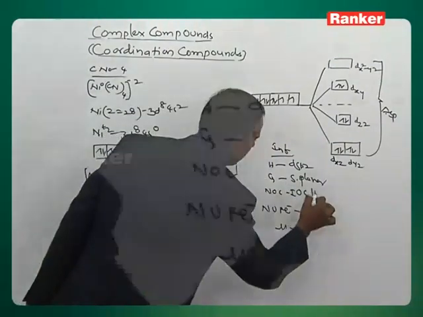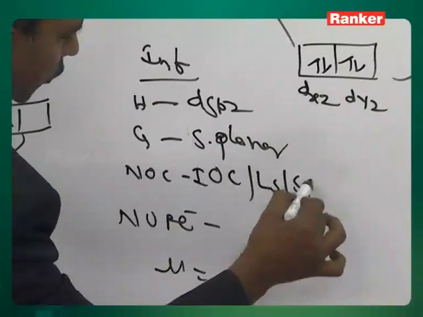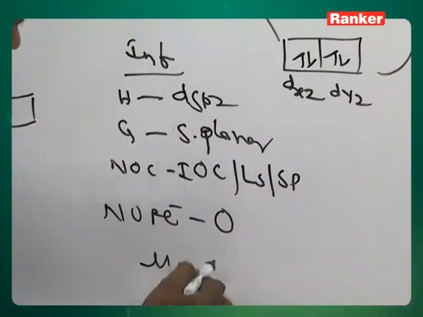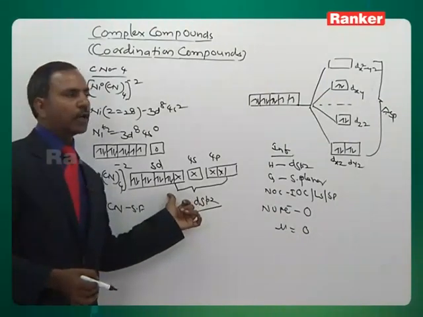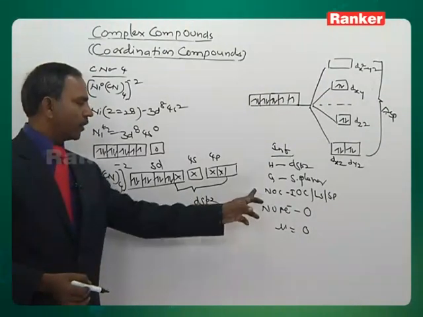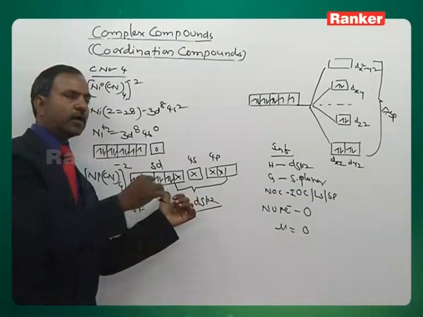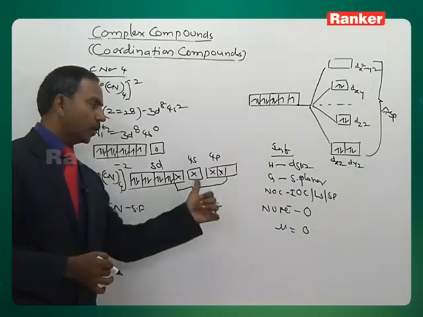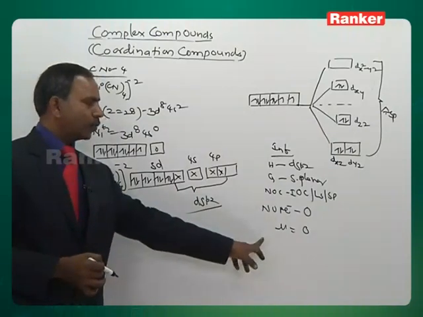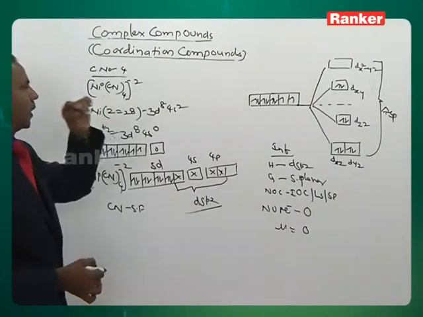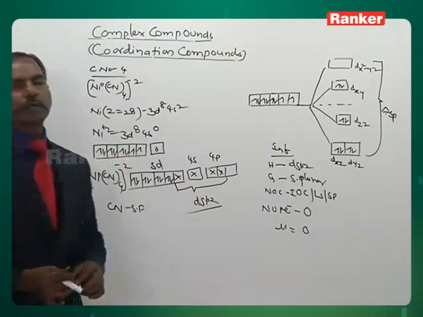Then you can say it is low spin or spin paired. Number of unpaired electrons 0, magnetic moment 0. This complex is not carrying any unpaired electrons. It is again one more important complex with coordination number 4.